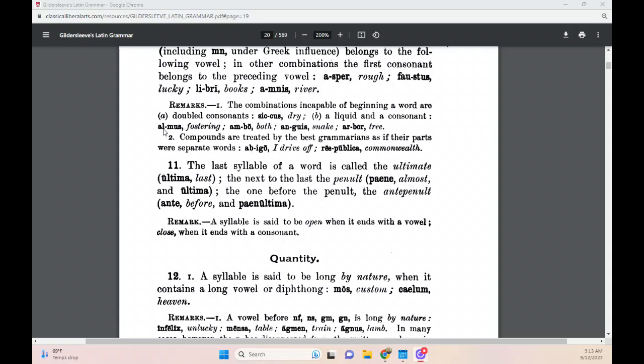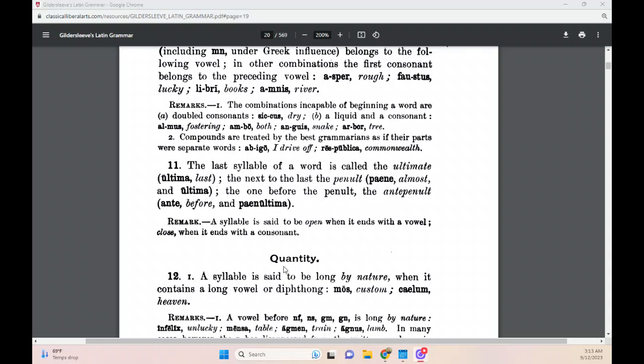It ends with a consonant, so that would be called a closed syllable. Mus also ends with a consonant. That would be a closed syllable. Here we have a syllable that ends in a consonant. That would be a closed syllable. Bo ends in a vowel. That would be an open syllable. Okay, that's what that last remark means at the bottom of Article 11.